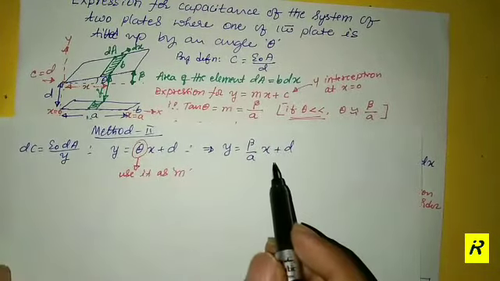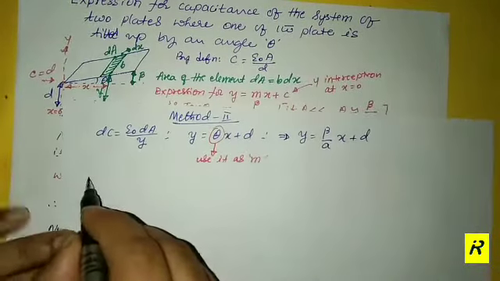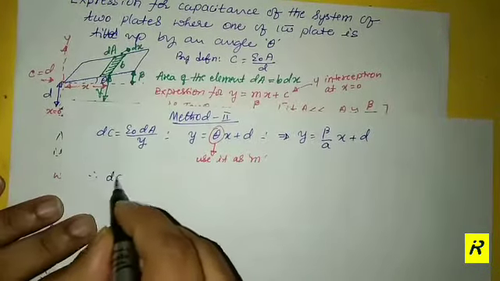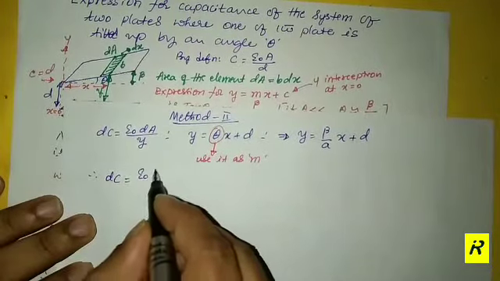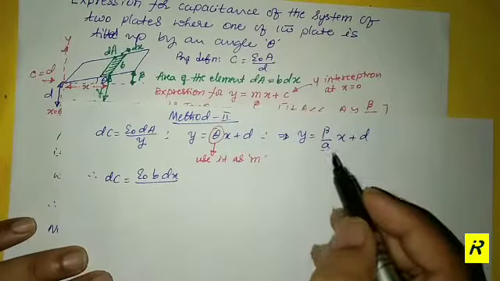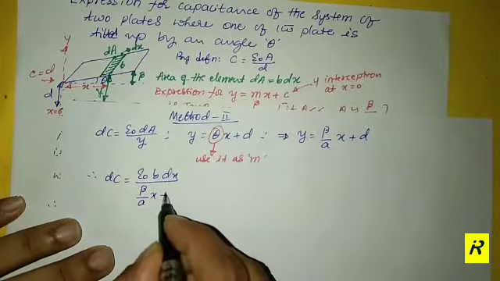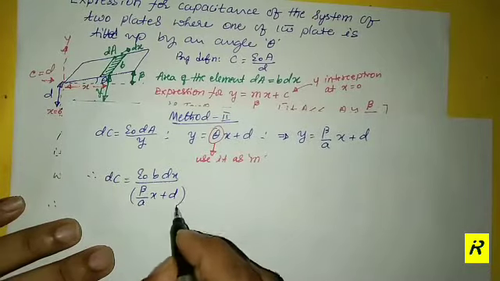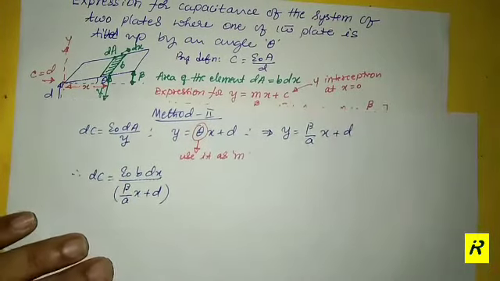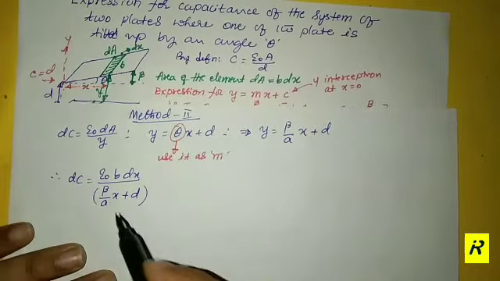So this is y. And nothing happens to a, which is b dx. Therefore, what I can write for dc, dc is equal to epsilon o b into dx divided by y, which is beta divided by a into x plus d. And now I can simply take out d as common again.